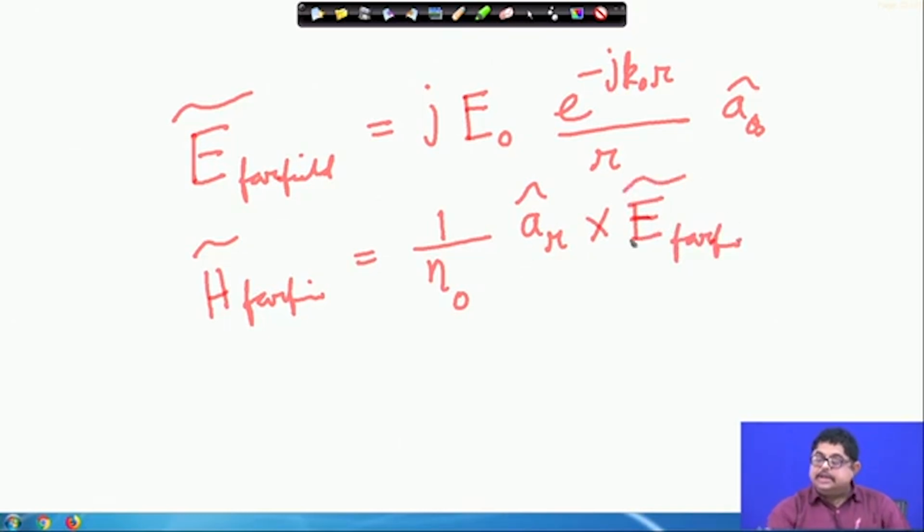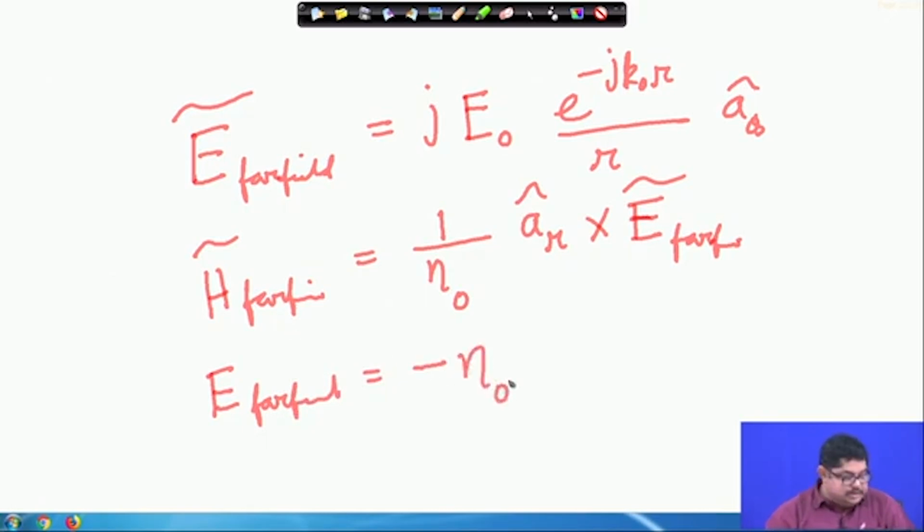You see that takes care of its direction, because it is A theta, that will be A phi. So, A r cross A theta will give me A phi, but this is a general relation. Similarly, this E far field I can also derive from the H far field: E far field will be minus eta naught, this minus is coming because of the coordinate system, A r cross H far field.